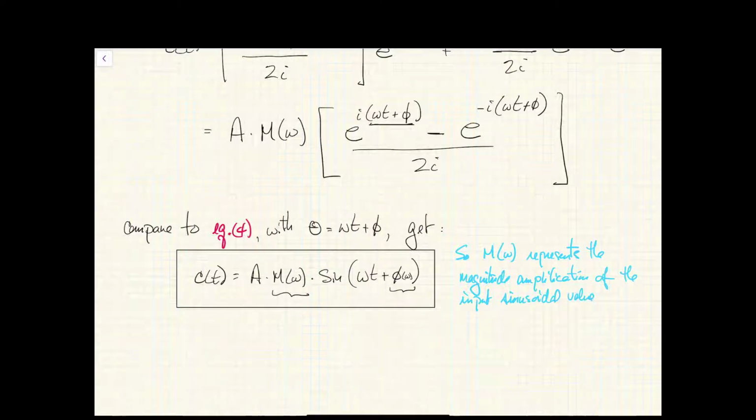Value meaning its own amplitude. And phi of omega represents the shift in the response.